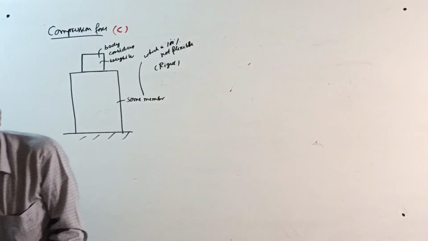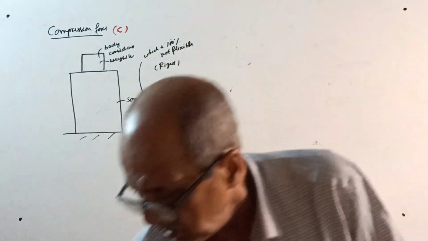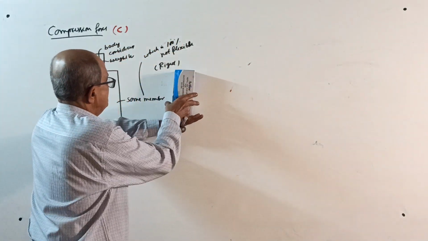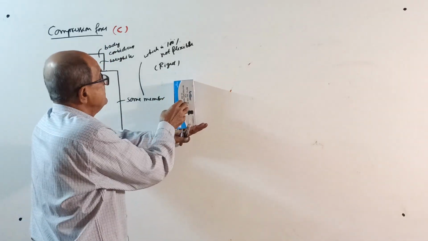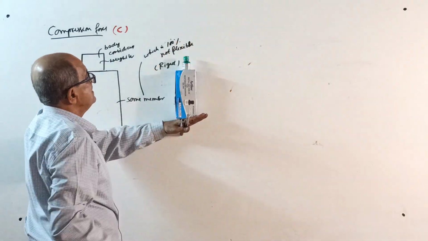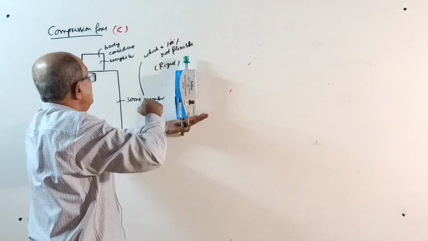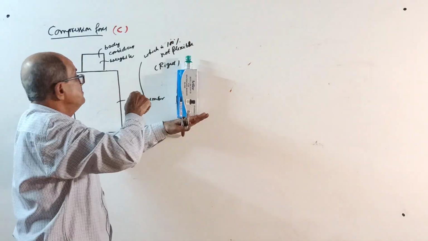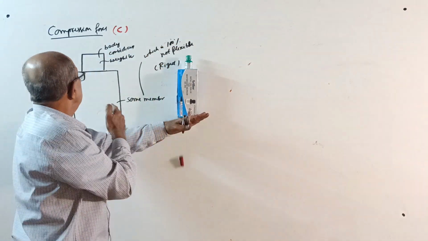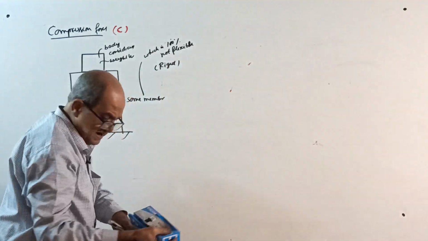Imagine some weight W is placed over that member. This weight is acting vertically down. It will try to push the member down. So for equilibrium, this member will give an upward reaction. That much is sufficient for you.